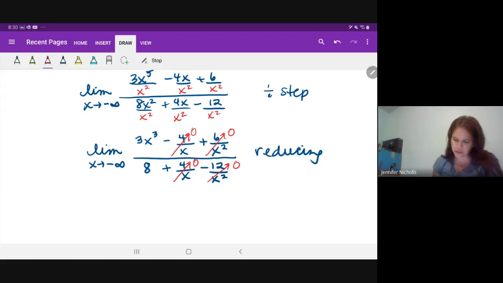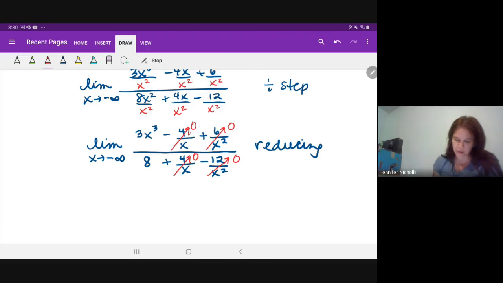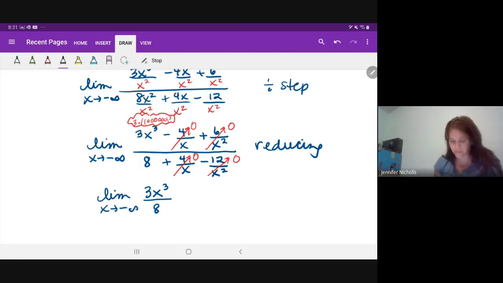So I'm a little concerned with my 3x to the third, because that's 3 times whatever, a million to the third. Ew. So this is what I'm thinking in my head. That's not 0. Okay, so let me regroup. I still have 3x to the third over 8. Everything else is gone. I still have an x, so I guess I still need my limit.